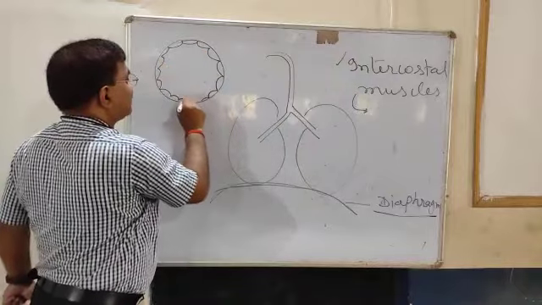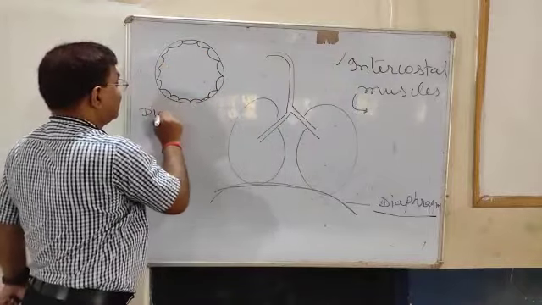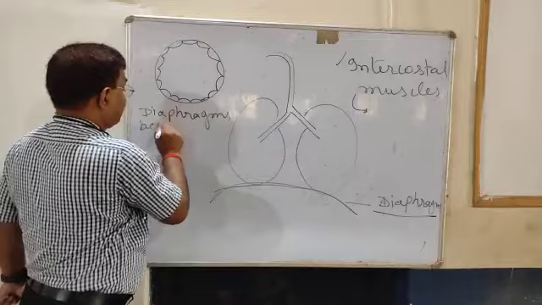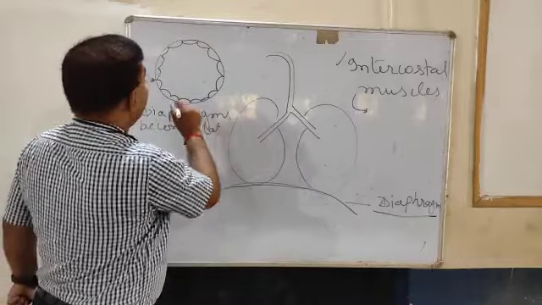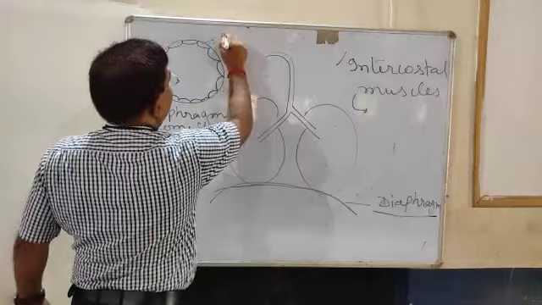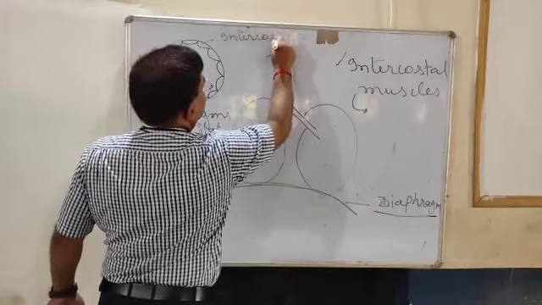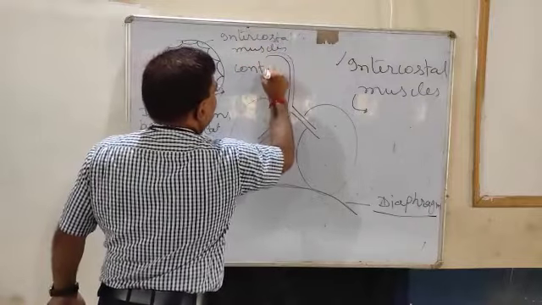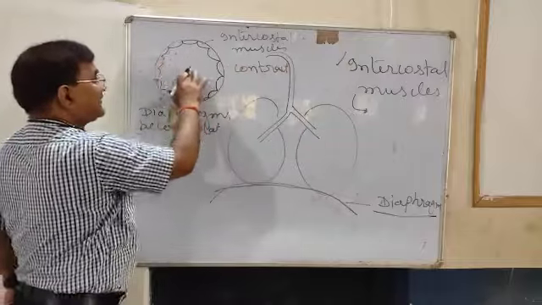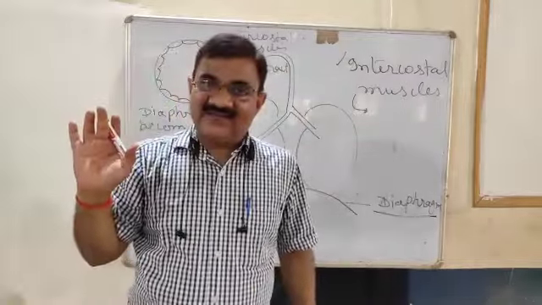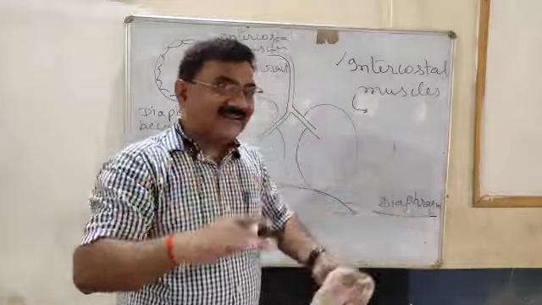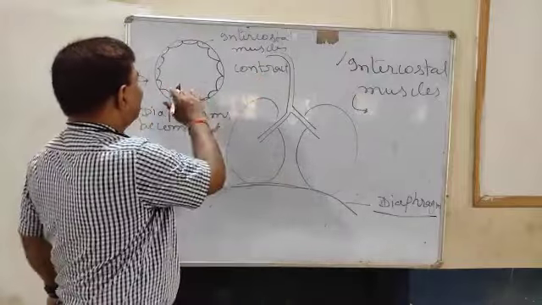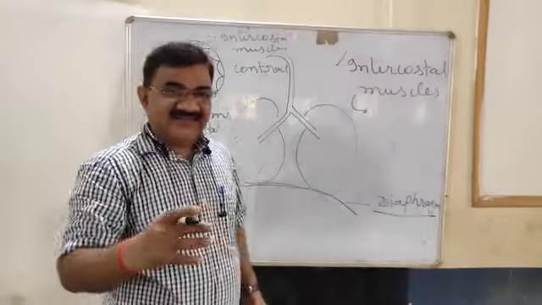When the diaphragm becomes flat and the intercostal muscles contract, the volume inside is increased.